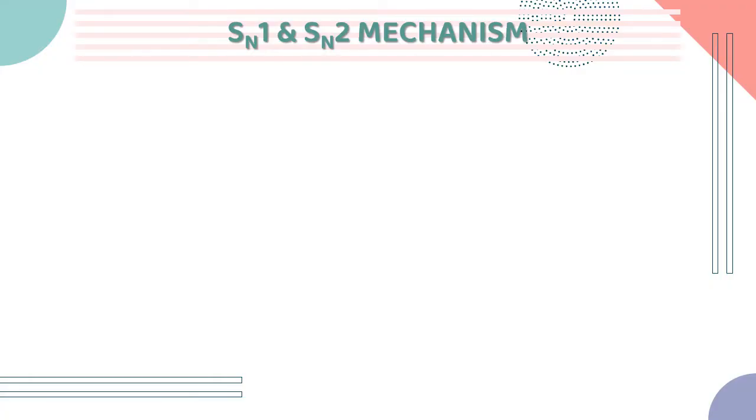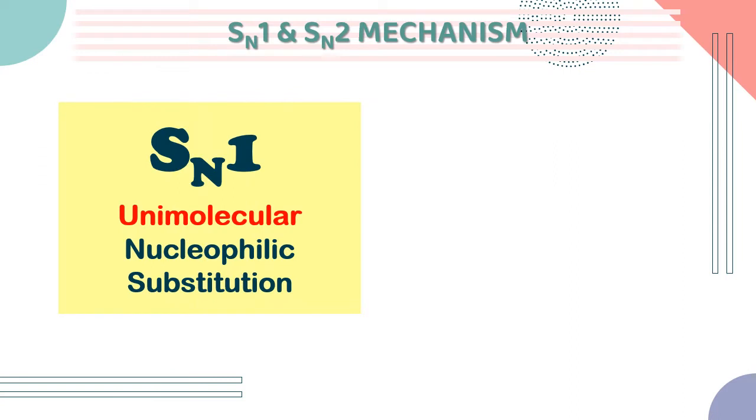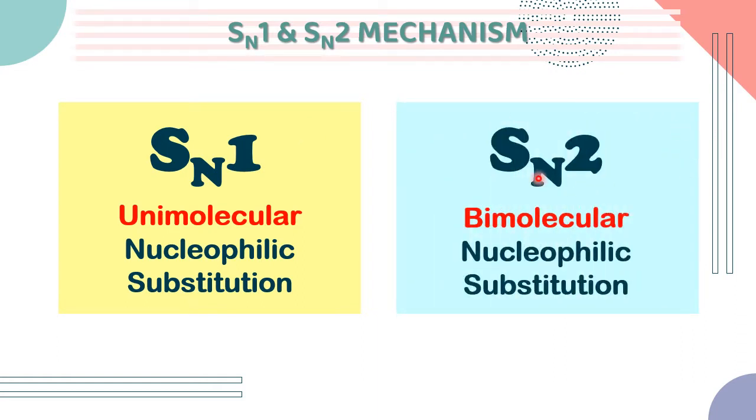So SN1 and SN2 mechanism. The first one, SN1, stands for unimolecular nucleophilic substitution. So the S over here stands for substitution, N for nucleophilic, and 1 for unimolecular, meaning it will involve one molecule. And then the second one, SN2, is bimolecular nucleophilic substitution reaction.